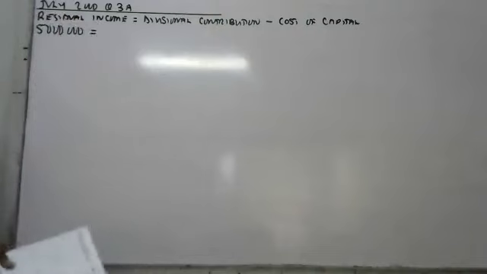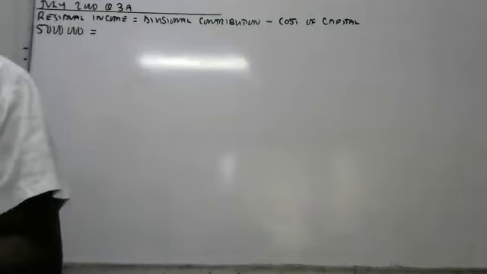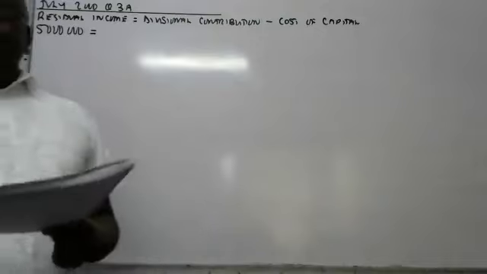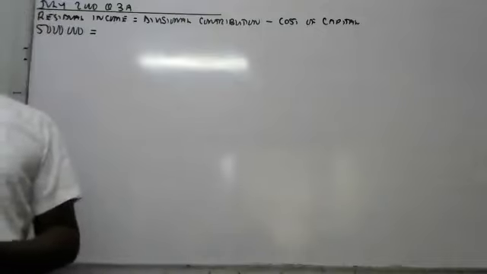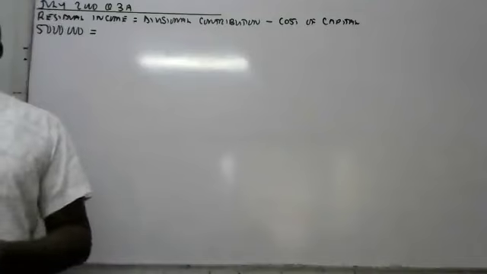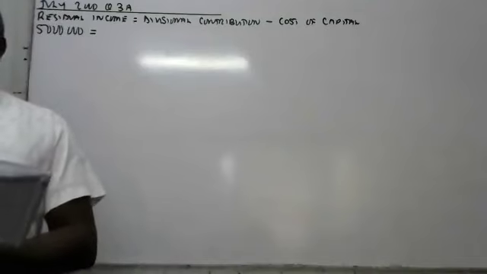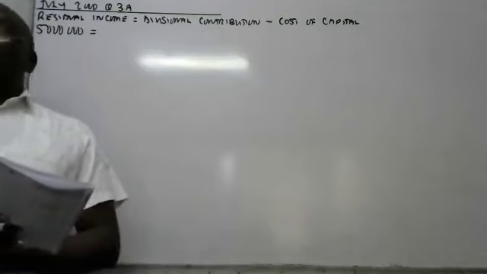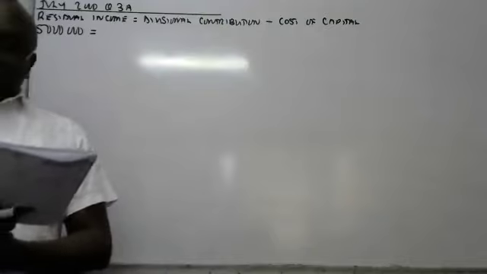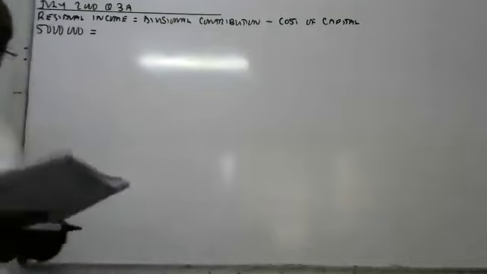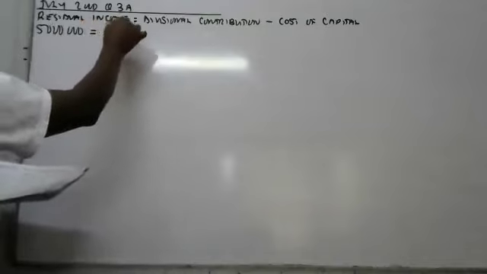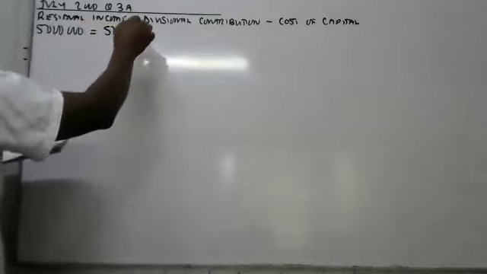It should be equal to, for us to get contribution, it must be revenue. Now revenue, in this case where there is a transfer price, in transfer pricing contexts, we have two types of revenues. We normally have the external revenue and also the internal revenue. So the external is what you're selling to the outsiders. This division, to the outsiders, they are selling 500,000 units at a selling price of 37.